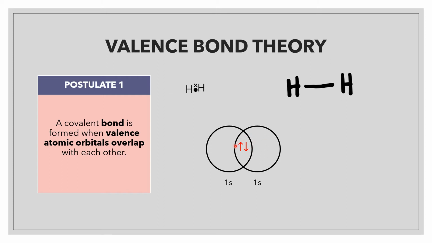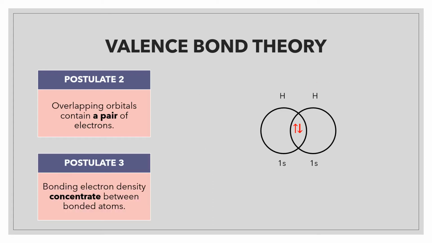Okay, so overlapping between these two akan menyebabkan berlakunya sharing of electrons like what we did in the Lewis dot symbol, and this represent the formations of this single covalent bonding. Overlapping orbitals contains a pair of electrons. So ini adalah formations of the single covalent bond.